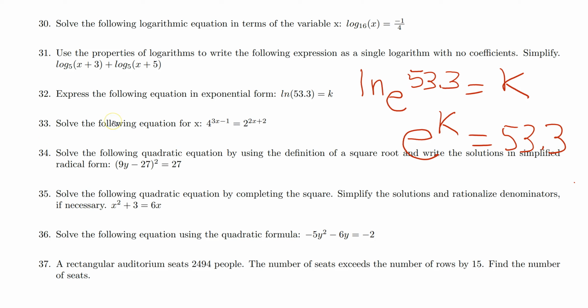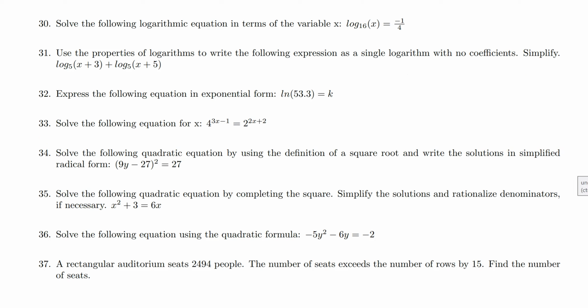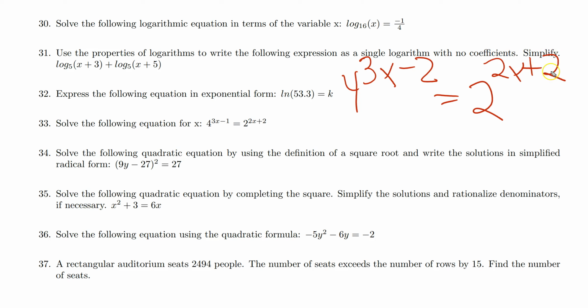All right, for number 33, solve this equation. Now, the rule here, let me write it up big here for you. 4 to the 3x minus 2 equals 2 to the 2x plus 2.